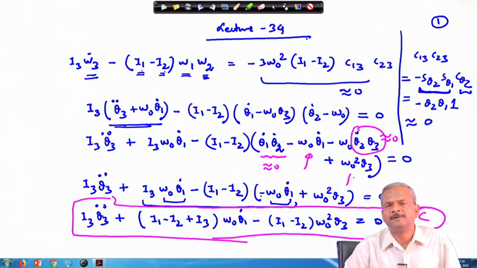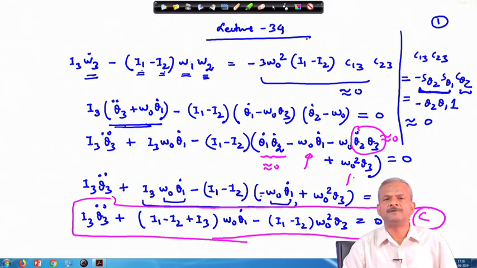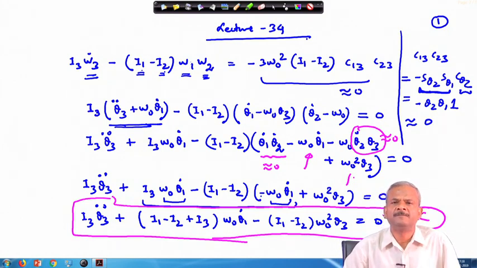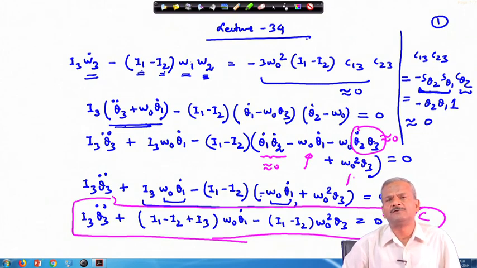If we are looking in terms of the body components, that is omega 1, omega 2, omega 3, we can visualize nothing, but if we look at the same thing in terms of the Euler angles, then we can visualize how the satellite is moving. And for that reason, we have expressed it in this form, and there we are assuming that the Euler angles are small and Euler angular rates are also small, and therefore the approximation can be done.